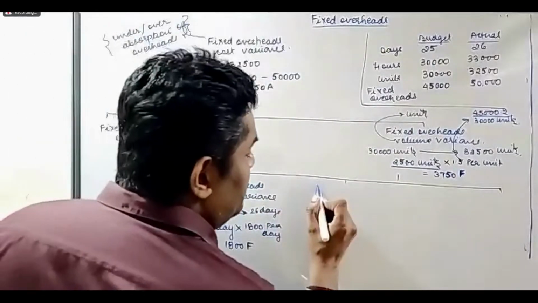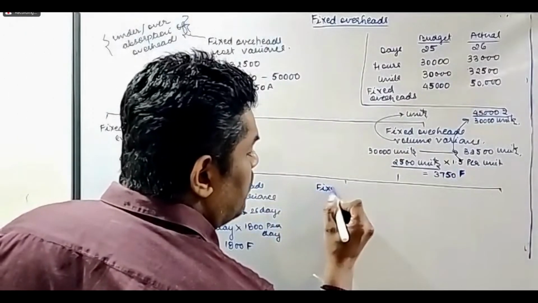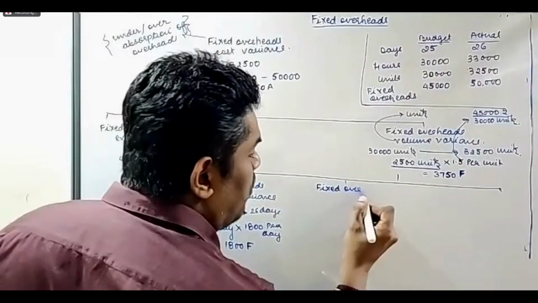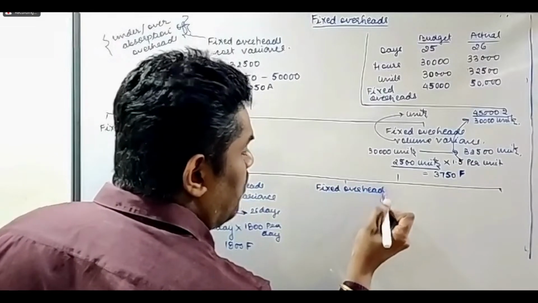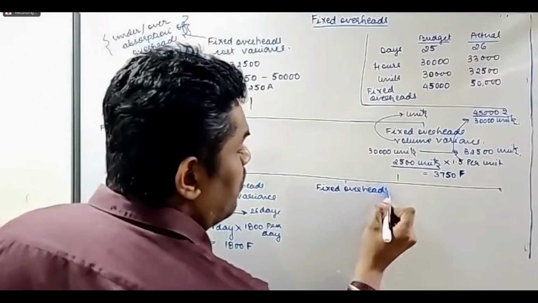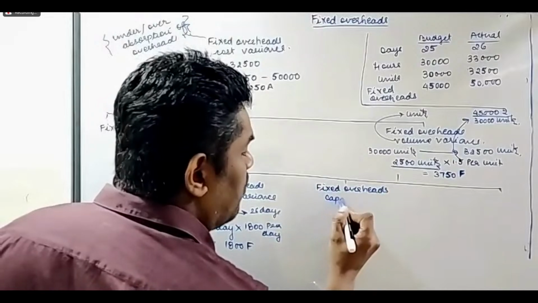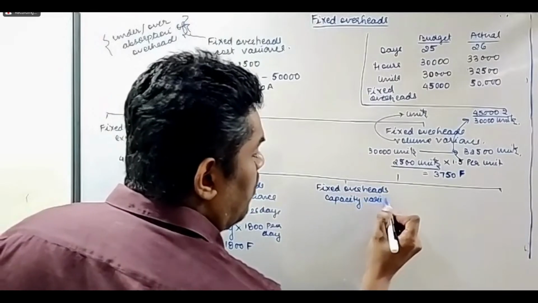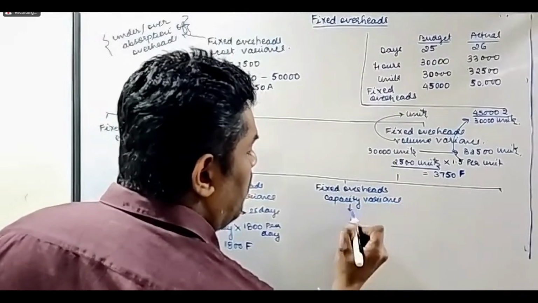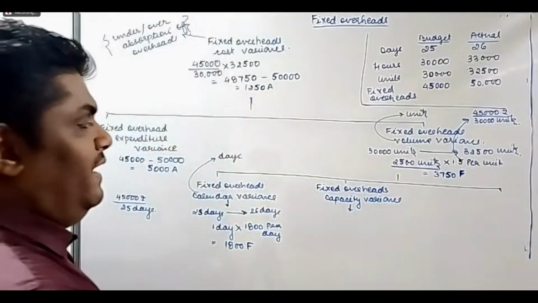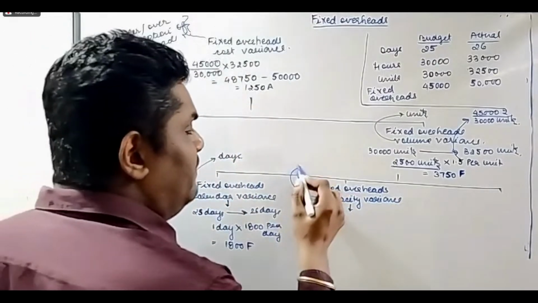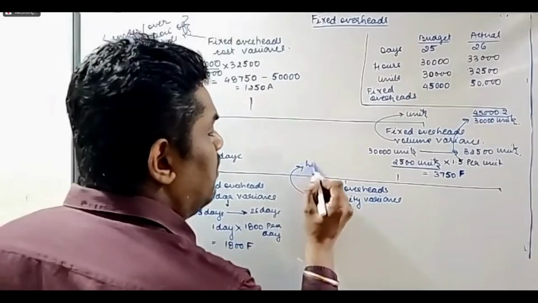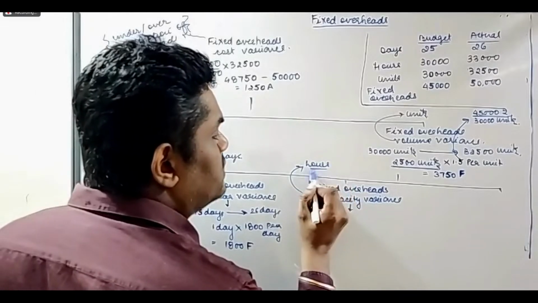Now next is capacity variance. When talking about capacity variance, it talks about hours.